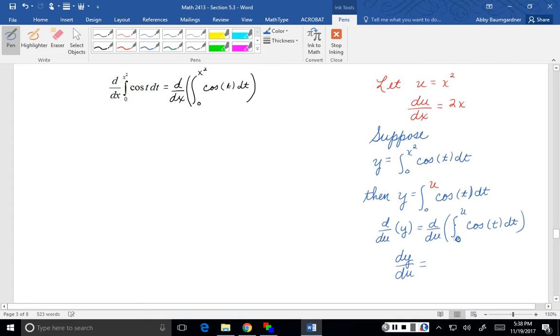It's just a 0. And the upper bound is a variable with coefficient 1 and degree 1. And so the answer here is just to say, well, the derivative and the antiderivative cancel each other out, and you're left with the integrand evaluated at this variable, which is cosine of u.